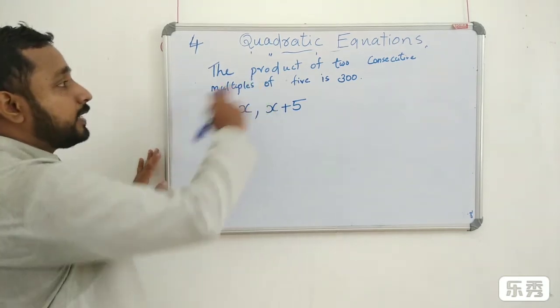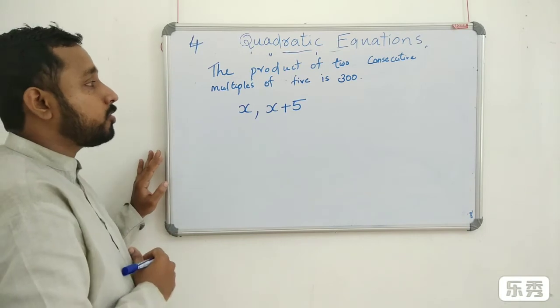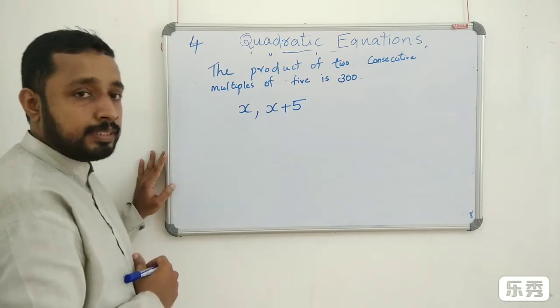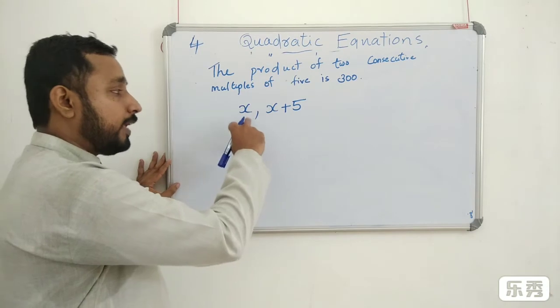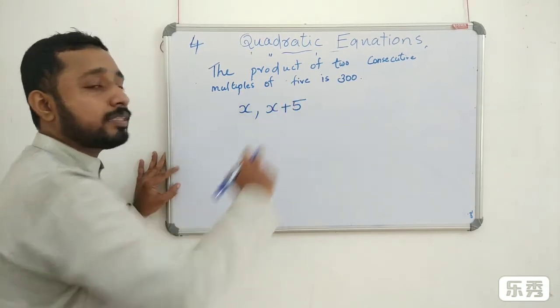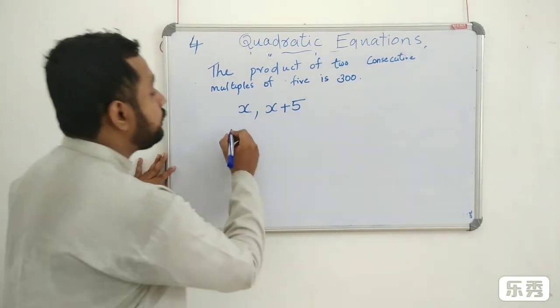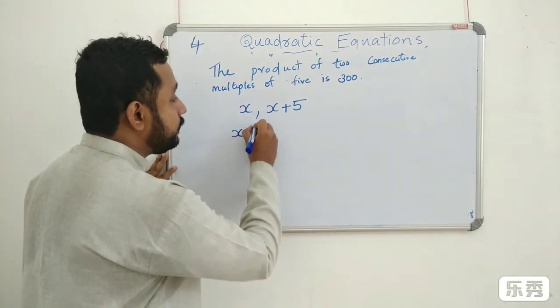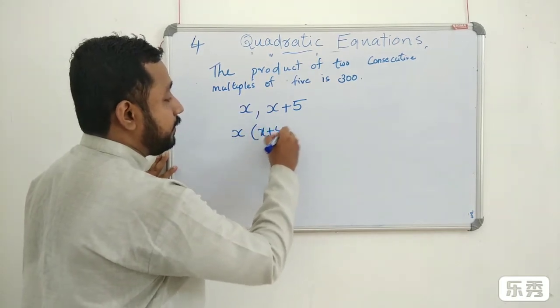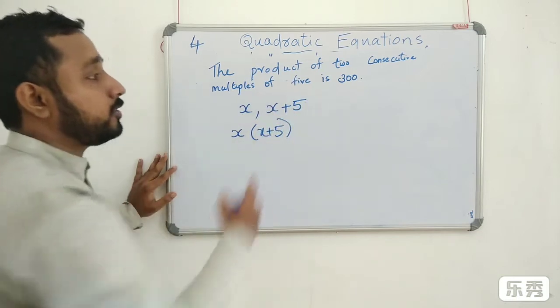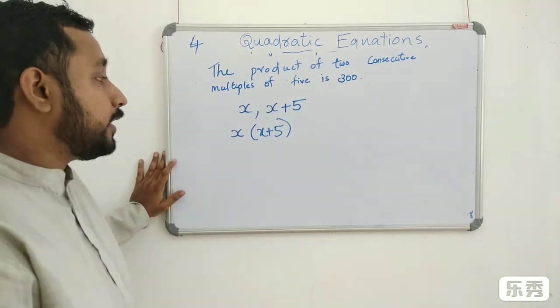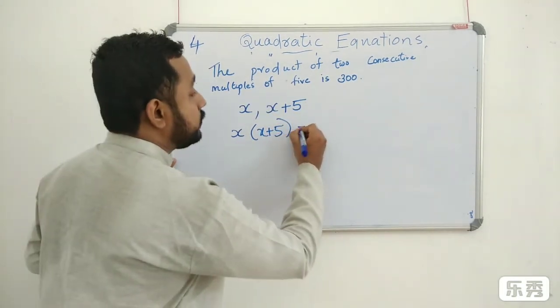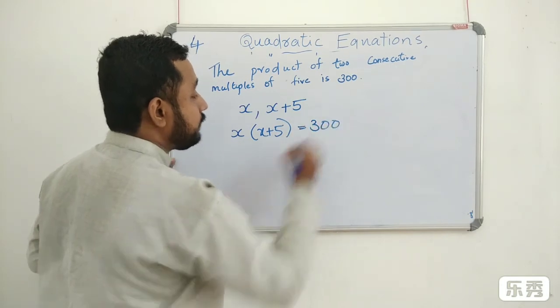According to the present condition, the product of two consecutive multiples of 5 is 300. That is, the product of x and x plus 5 is 300. So we can write x into x plus 5 equal to 300.